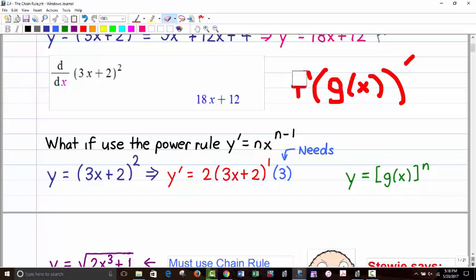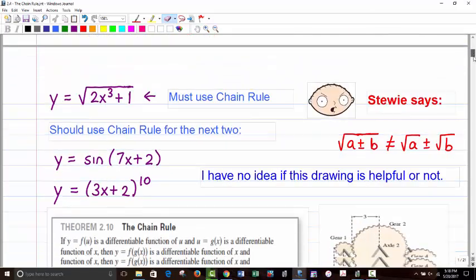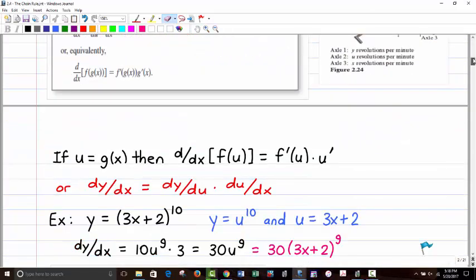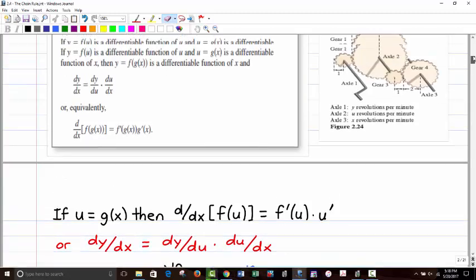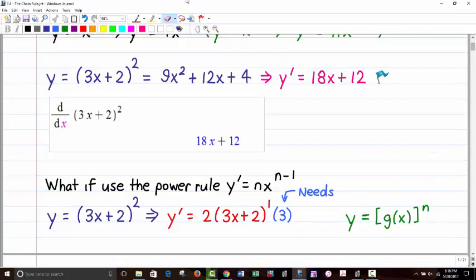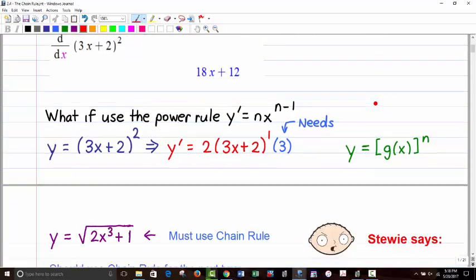Let me make sure I haven't already written that down there somewhere. All right, well, I have another example, so I'll wait till we get to it. How to represent this original function in chain rule form, composite form. So I'll just wait till we get there.